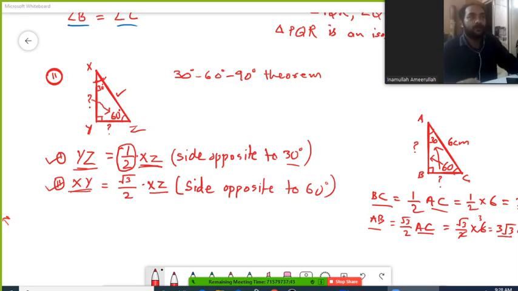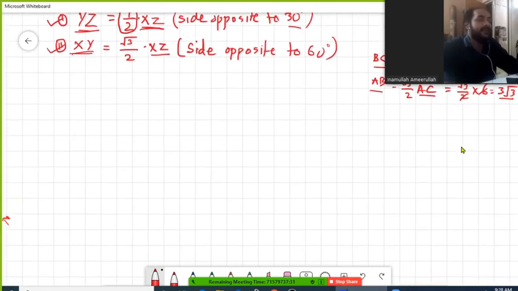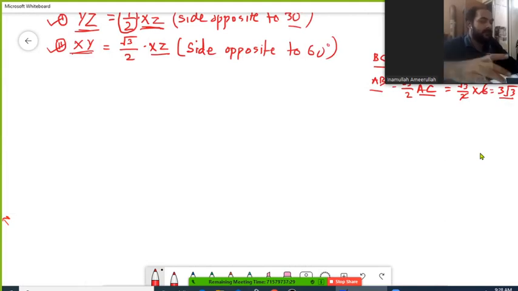So I hope I made myself clear and you have understood the difference between Pythagoras theorem and the 30, 60, 90 theorem, and when we are going to use these theorems. Now let us move on to the 45, 45, 90 theorem, which is similar to this 30, 60, 90. So the third theorem which we will discuss is the 45, 45, 90 theorem.